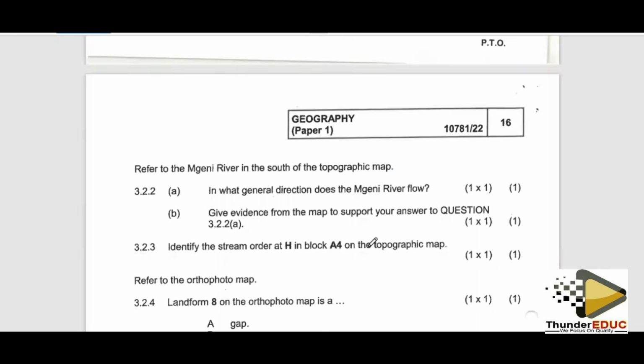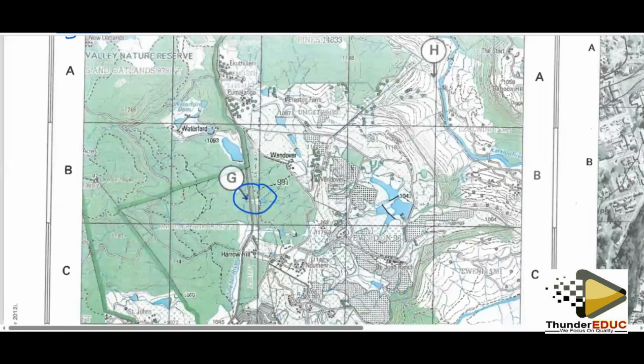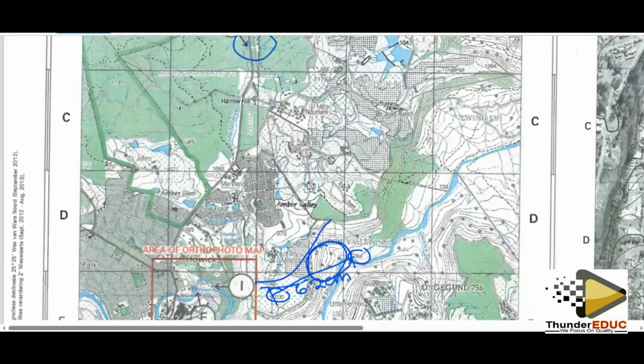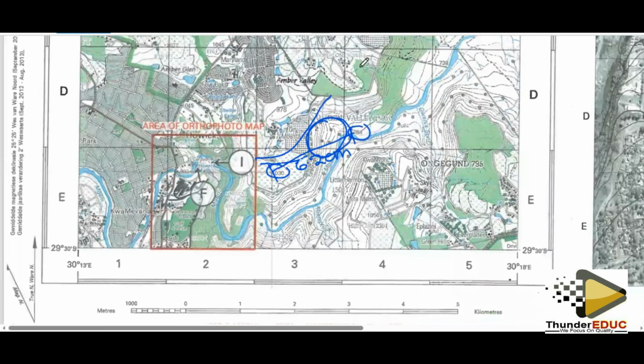We got question 3.2.2. Refer to the river in the south of the topographic map. Let's go south. With river, here, this is our river here. We got it. It moves all the way. Somehow it falls there.